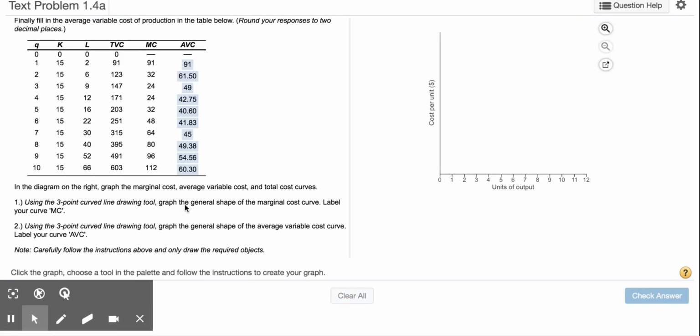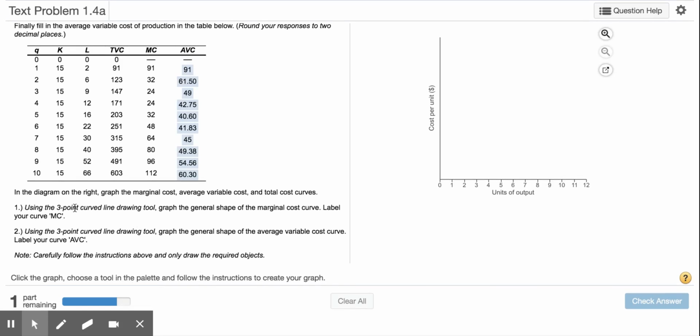Okay, now we move to the second part, the graphing part. We need to graph these two curves: the marginal cost curve and the average variable cost curve. Remember, like in the last lecture, we should get something like this for the marginal and something like this for the average.